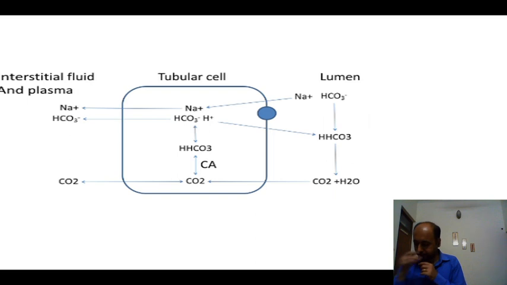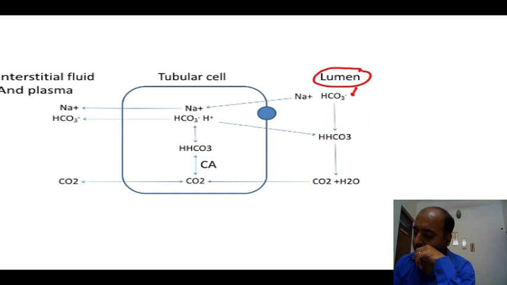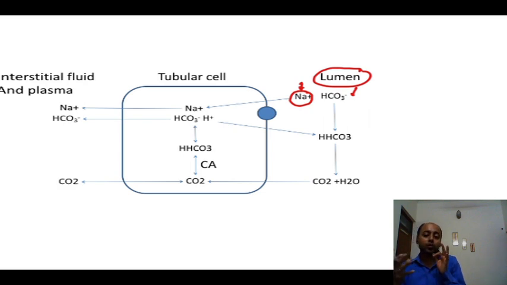Okay, first, how the reclamation of the bicarbonate occurs. So in the lumen, I told you that the bicarbonate has been filtered along with the other ions. All right, the bicarbonate, so this sodium which has been filtered is quickly taken up by the tubular cells, because sodium is a very important electrolyte.